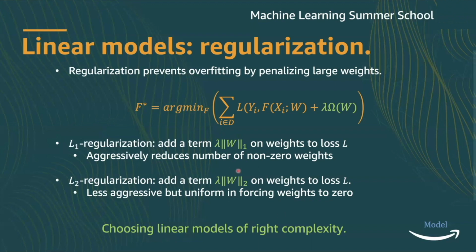It's not as aggressive as the L1 regularization. It won't force them to zero, but it does a uniform reduction in all your coefficients involved. And by choosing an appropriate lambda, you can ensure that your model has the right complexity. It's neither overfitting nor underfitting. So regularization is what you would use to ensure you're fitting right.